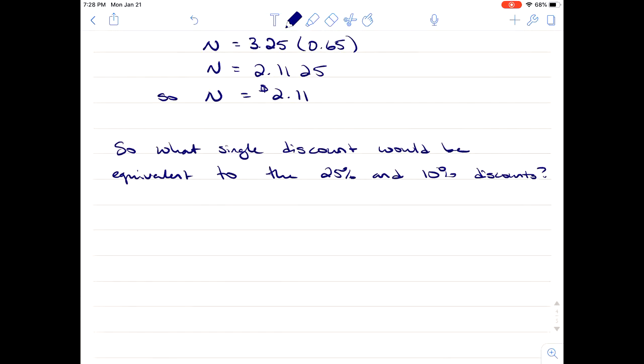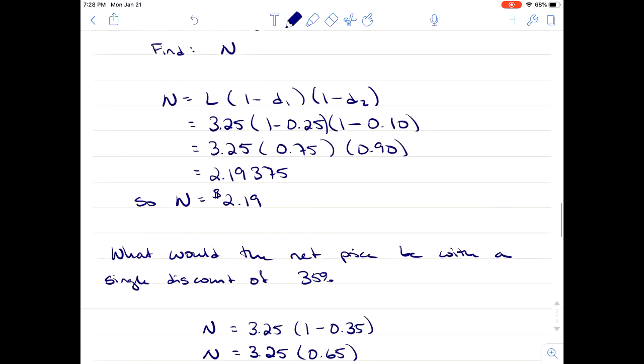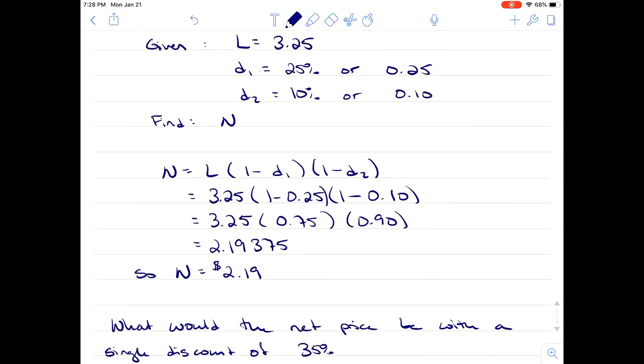So there's a couple of ways that we can go about doing this. One way is just to say, well, I'm interested in these discounts here, the 25% and the 10%.